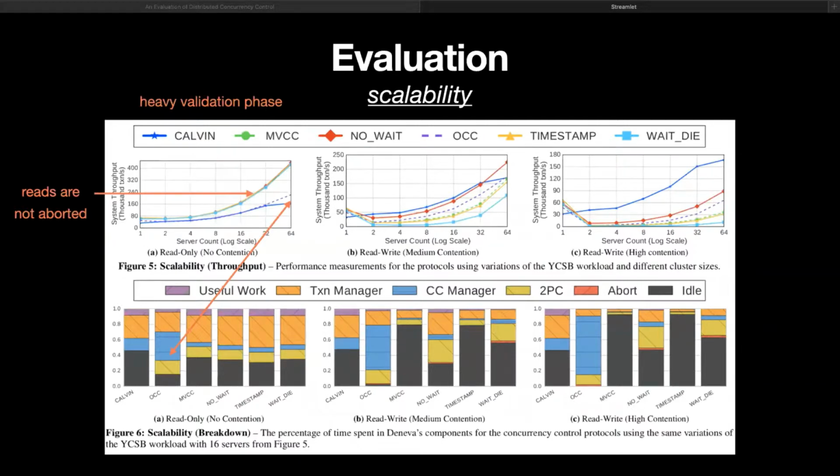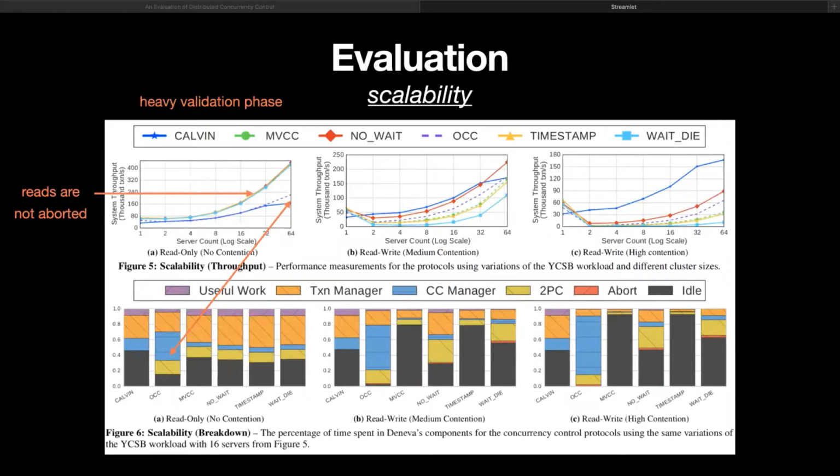In CC manager, that's when it's trying to acquire locks or actually doing the validation, and also in case of Kelvin, it's the time spent by the sequencer and scheduler.